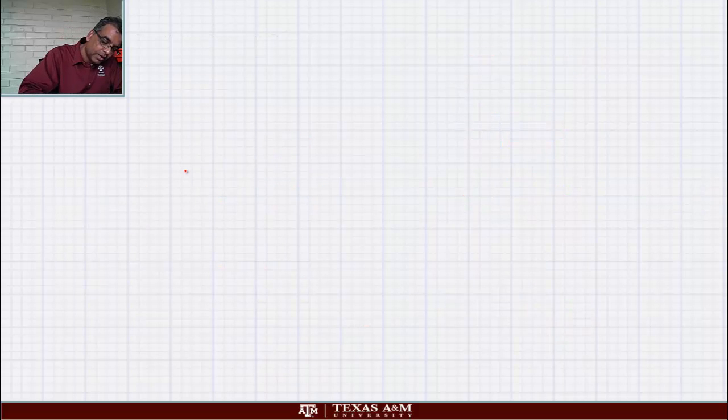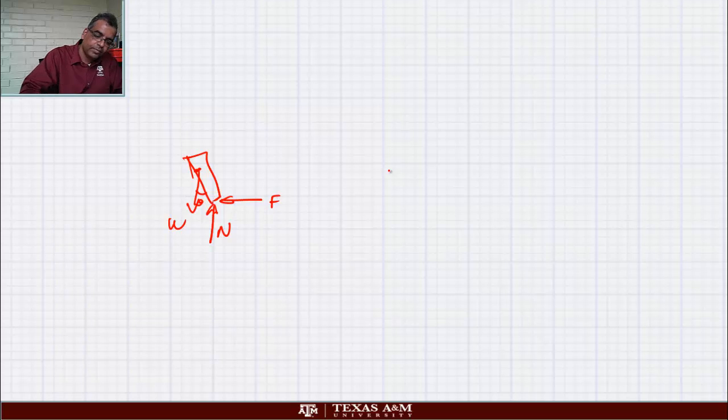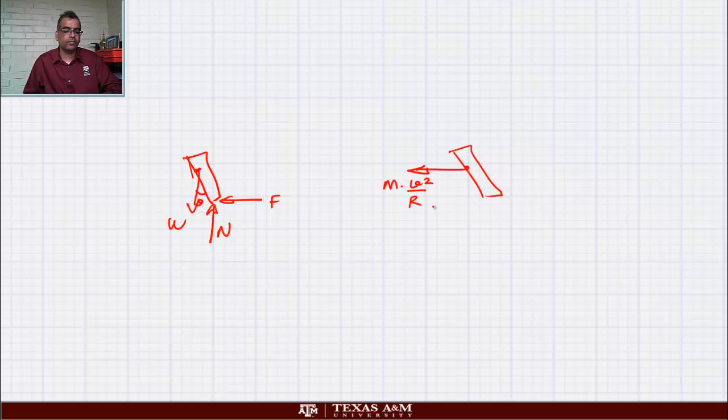So on the left hand side we had weight, normal, friction, and this angle is theta. On the right hand side we had just this thing, which is mass times speed squared divided by radius. So it's pretty easy.